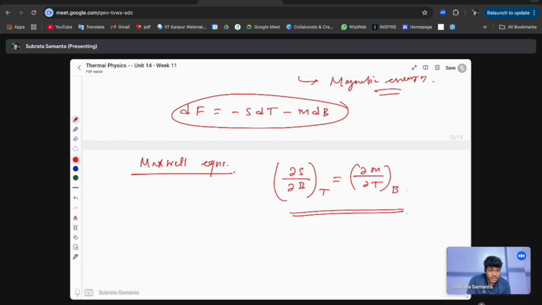You understand the importance of the Maxwell equations, which is very crucial. That's why we discussed this at the end of today.